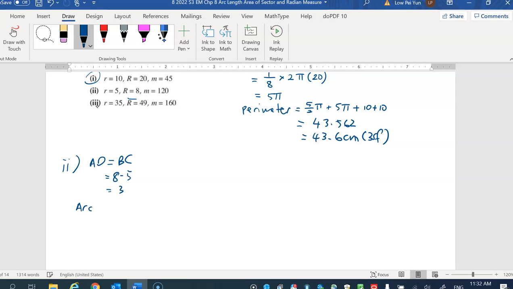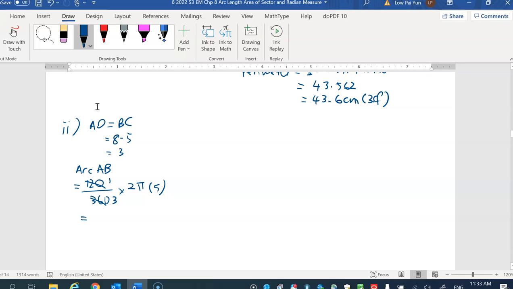I need to find the arc with the smaller radius. Arc AB is equals to, angle involved is 120, 120 over 360 times 2 pi r. Let us reduce this, and you can use this fraction constantly. It's 1/3 of the whole circle. So this is 10 pi over 3.